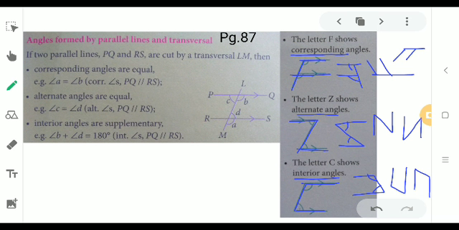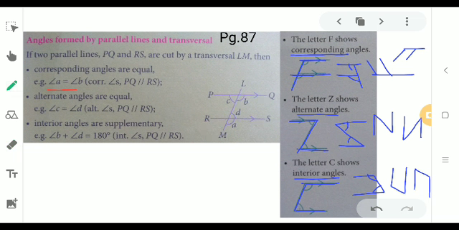Now, let's take a look at this figure. If two parallel lines PQ and RS are cut by transversal LM, this is the transversal. Then you need to remember that corresponding angles are equal, I mean, the sizes of them are the same.